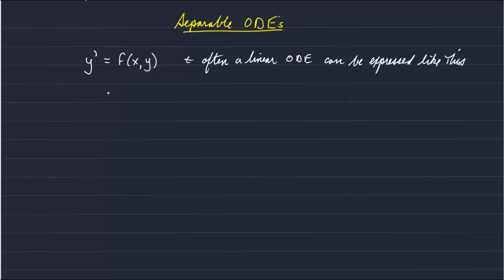Now, if f of x and y can be rearranged into the product of two separate functions, one function, capital X, being only a function of the independent variable, and the other function, which I'll denote as capital Y, being a function of the dependent variable, then the equation is separable.